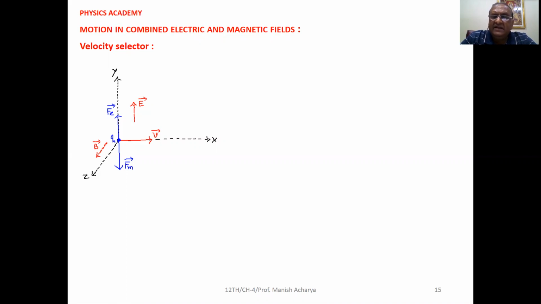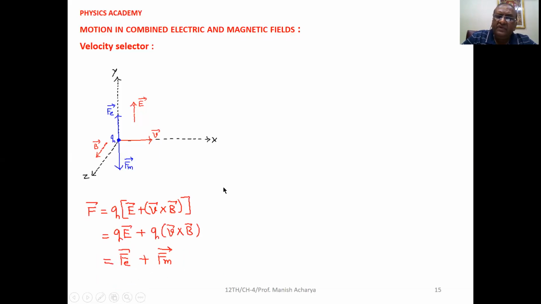It implies that the electric field, magnetic field, and the velocity of the charged particle, all these three are mutually perpendicular to each other. See the figure. Suppose, as shown in the figure, the velocity of the charged particle is in x direction, electric field is in y direction, and magnetic field is in z direction.